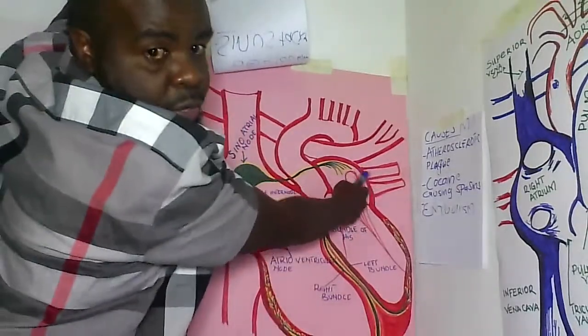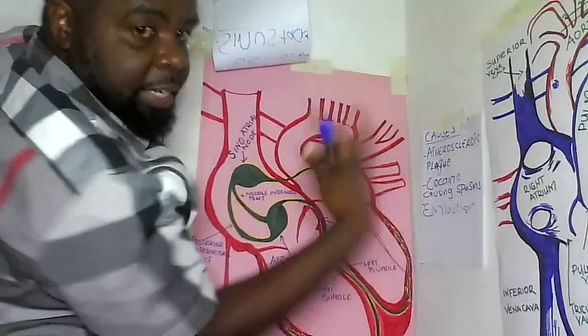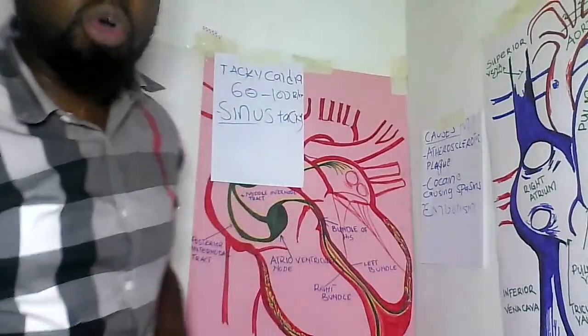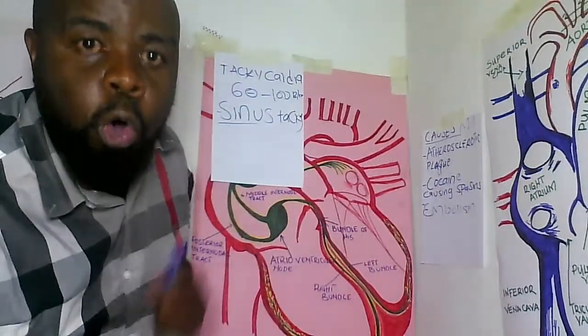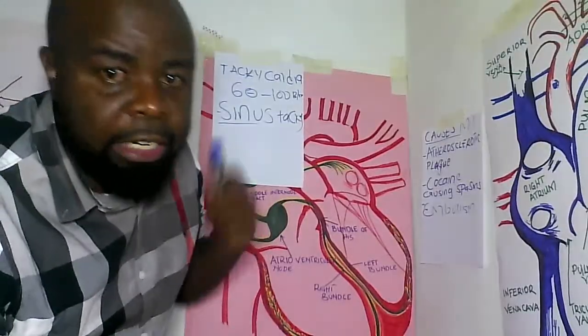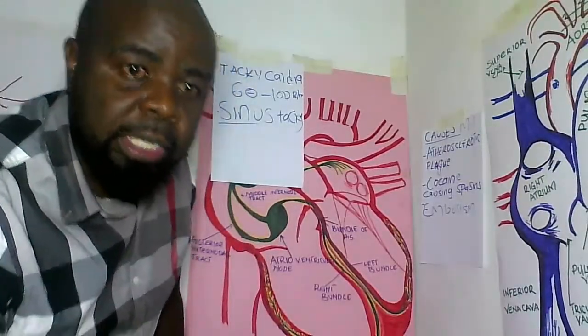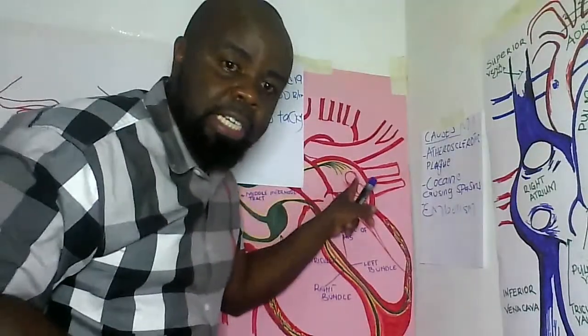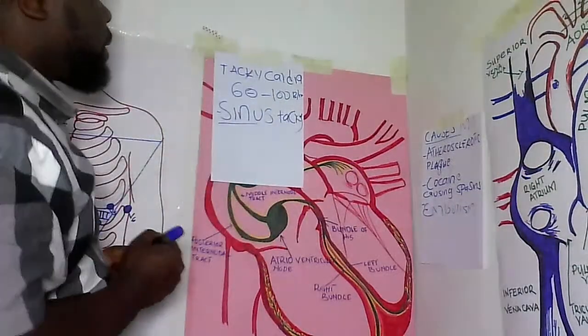The other node here is giving back its impulses so fast. We don't know where it's coming from. It is called focal atrial tachycardia because it is on the other side, the left side of the heart.